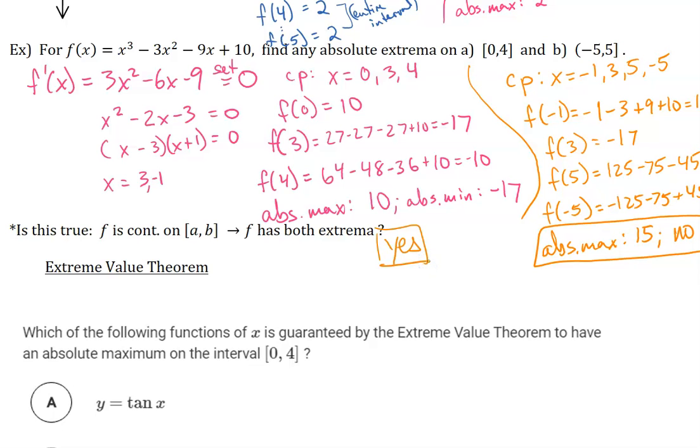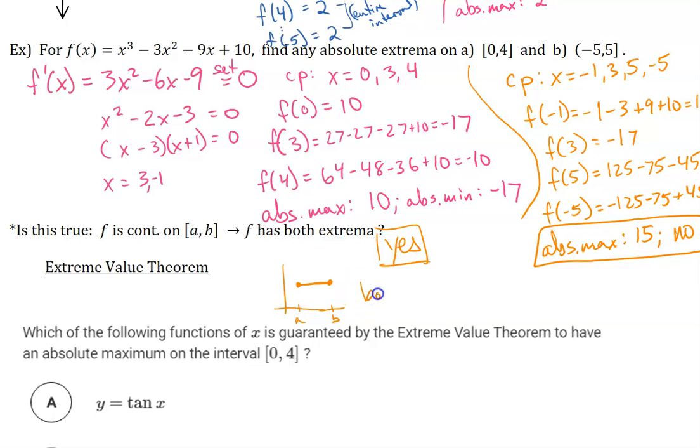Now, if you're trying to think about counterexamples, the first thing that probably comes to mind is a constant function, just horizontal like this. If it's continuous on the closed interval from a to b, does it have both a max and a min if everything has the same height? The answer is still yes.